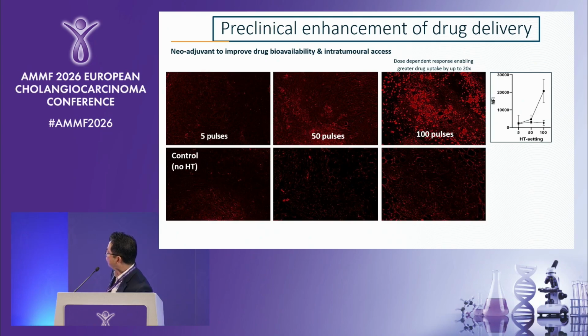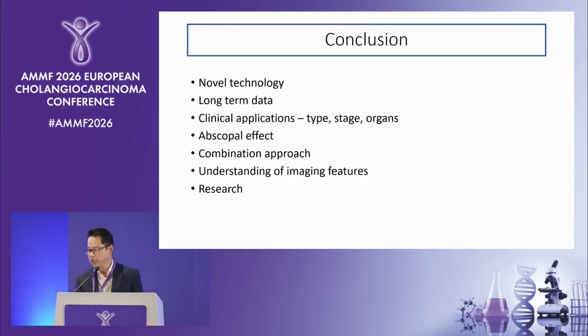So this is without histotripsy in the bottom panel here, and the top panel here with histotripsy application, 5 pulses, 50 and 100. The red bubbles here mean that there is more drug availability or uptake in cases that have histotripsy treatment prior. So it does show there is an opportunity to increase drug delivery in combination with histotripsy.